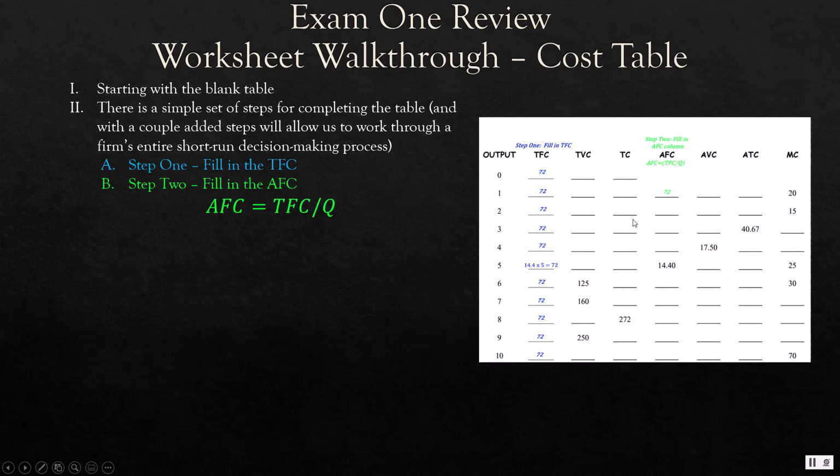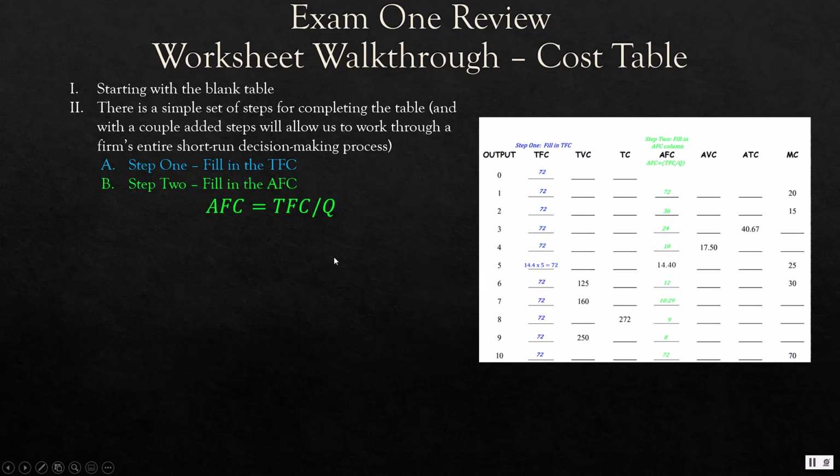There's no use worrying about that one. The first unit, 72 divided by 1 is 72. The second unit, 72 divided by 2 is 36. And I keep doing that right on down the line, 72 divided by 3, divided by 4, and so on, until I've got the entire average fixed cost column filled in.